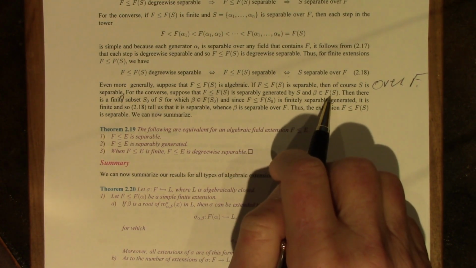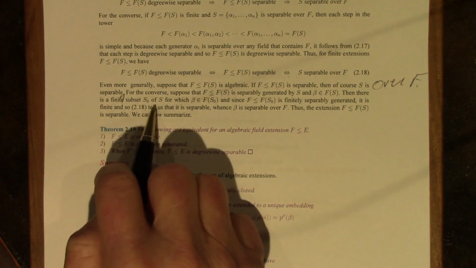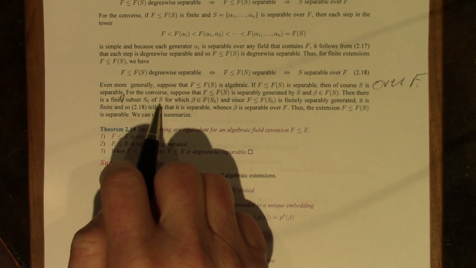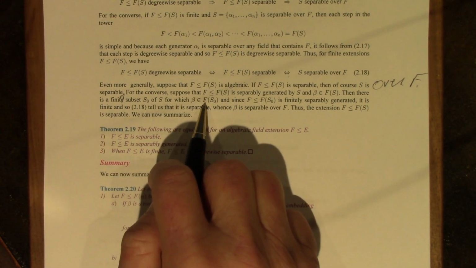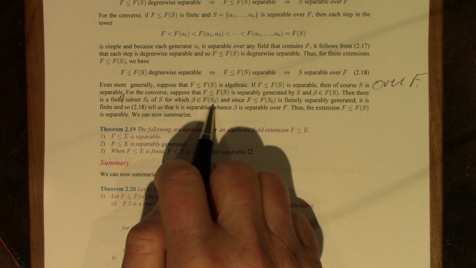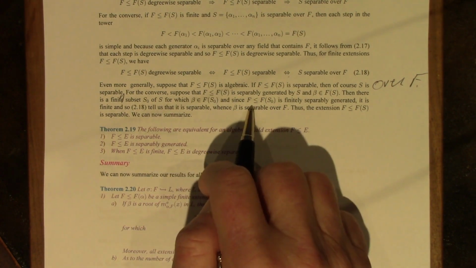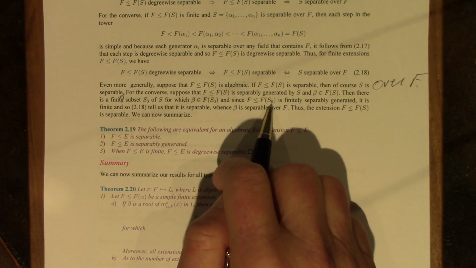And suppose beta is an element of F(S). Then there is a finite subset S0 of the generating set for which beta lies in F(S0). But now this is finitely separably generated.